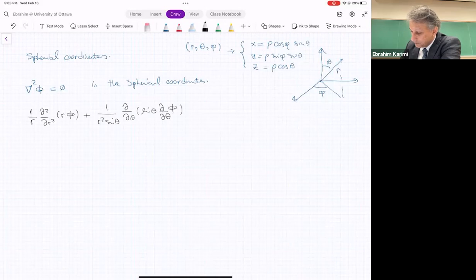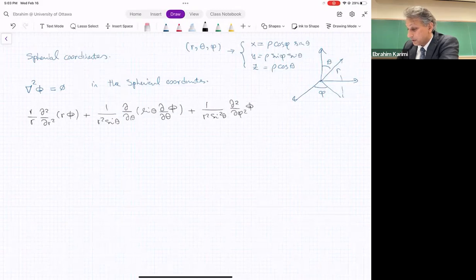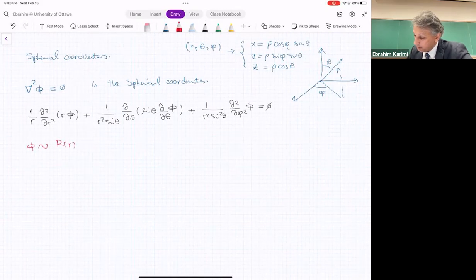And then finally, we have 1 divided by r squared sine squared of theta, second derivative with respect to phi of phi, equal to 0. That is the Laplacian that we are dealing with. Okay. Again, we have to use separation of variables and see what we can do with it. So we assume that phi is given by R of r, then Theta of theta, and chi of phi.